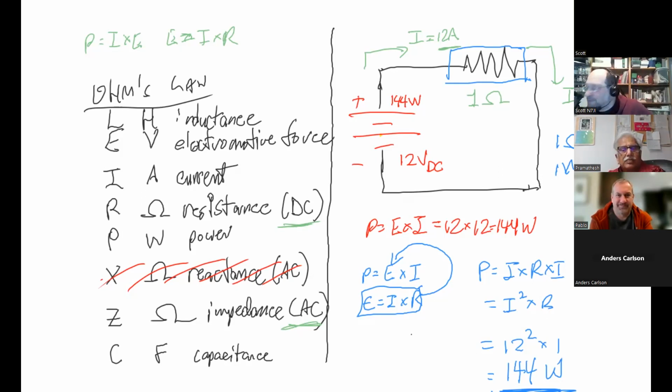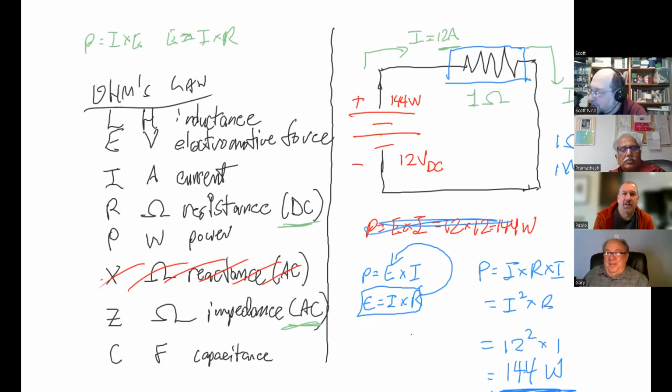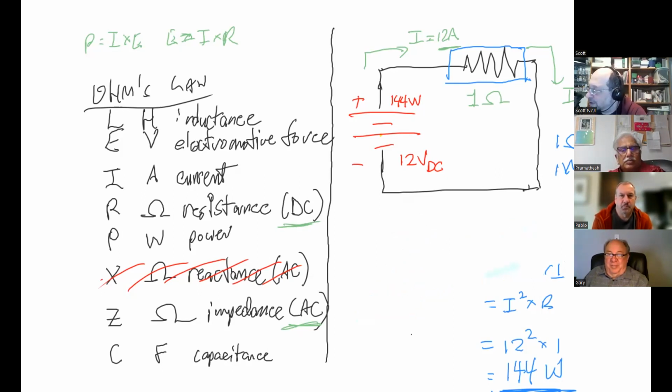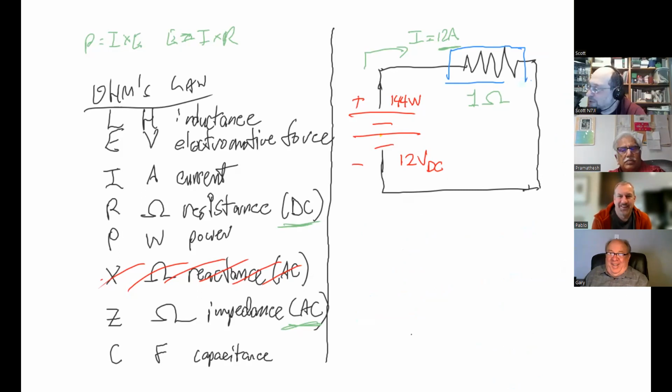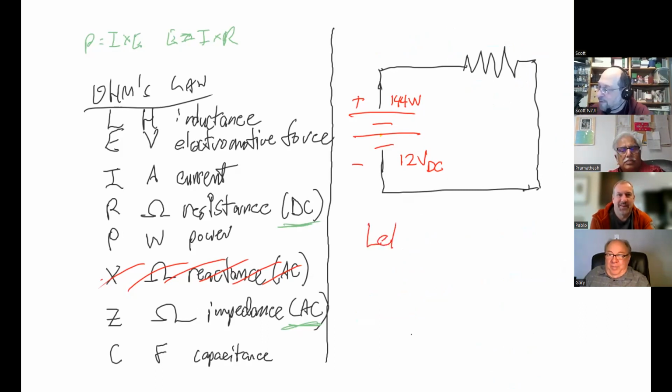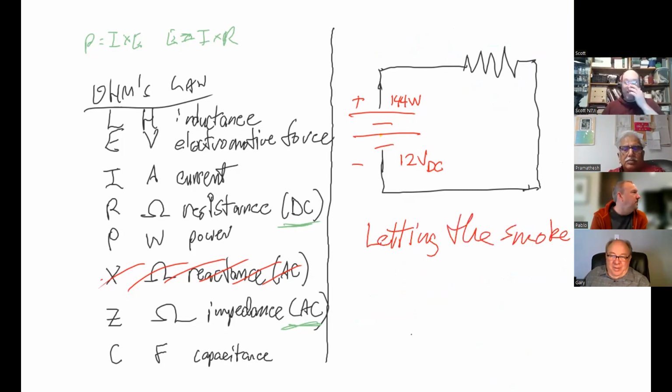Okay, how do we avoid that? You try to avoid that. That event actually has a name. Anyone know what the name is? Destructo. That's a potential name. We have another name. We call it letting the smoke out. That's right.